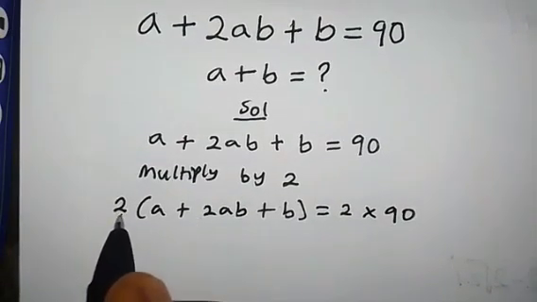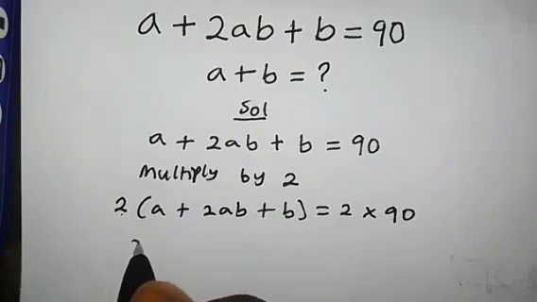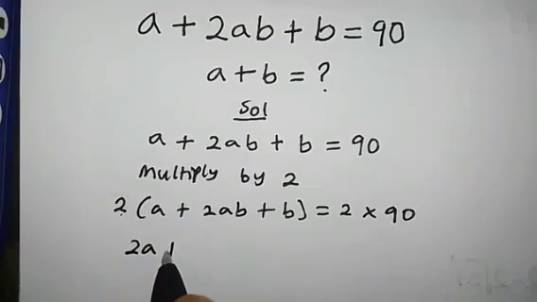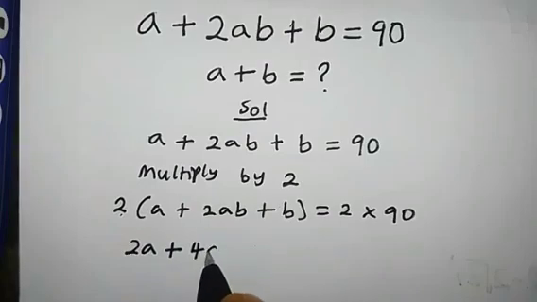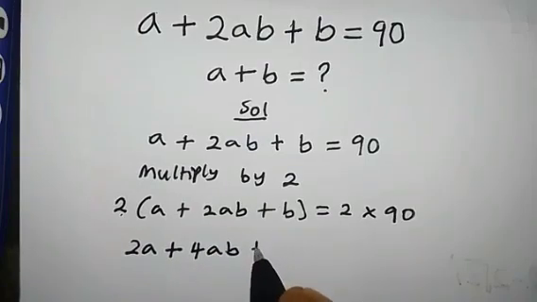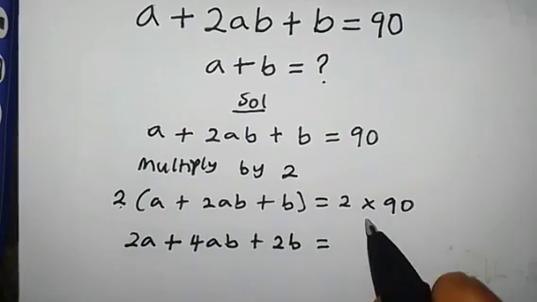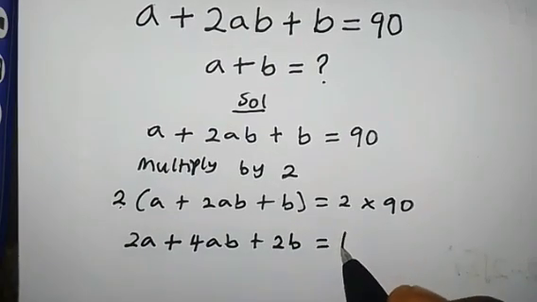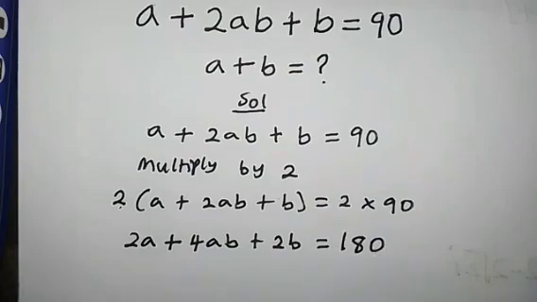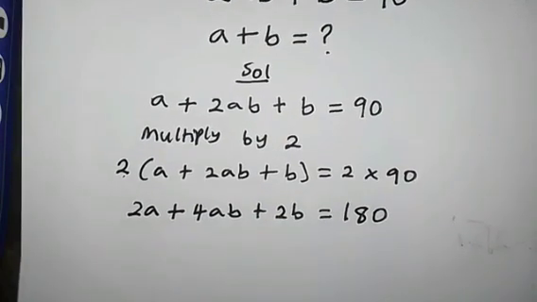Let's open this bracket. 2 times a, 2a plus 2 times 2ab, 4ab plus 2 times b, 2b equal to 2 times 90, that is simply 180. Let's continue.